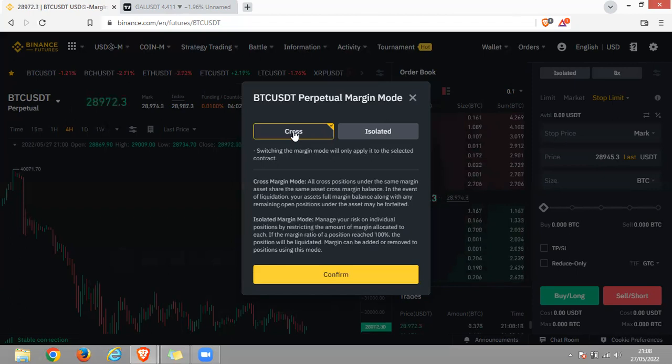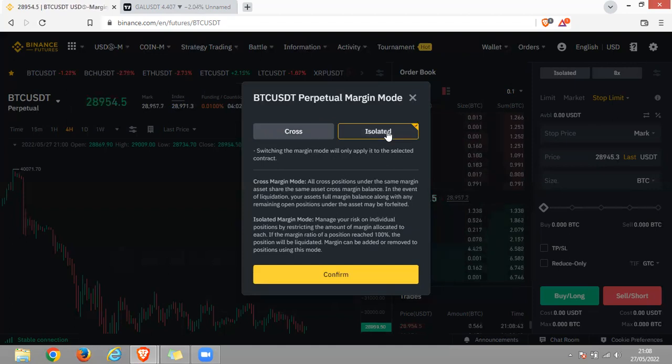Ideally, my trade was supposed to end after $500. But since it's on cross and I have a standing balance of $500, I can be at minus 600, minus 700. They've started taking from my savings just to sustain me in the trade. So if you choose cross, you're giving Binance that permission to switch to your savings just to sustain the trade if it goes against you.